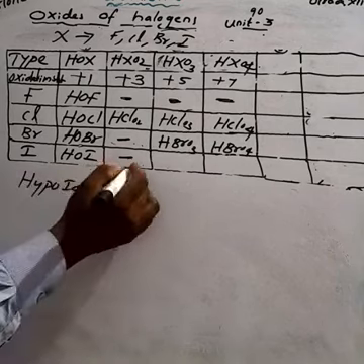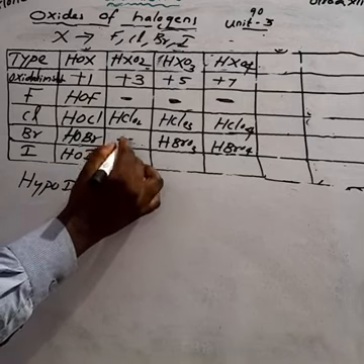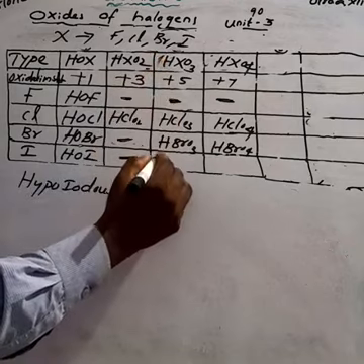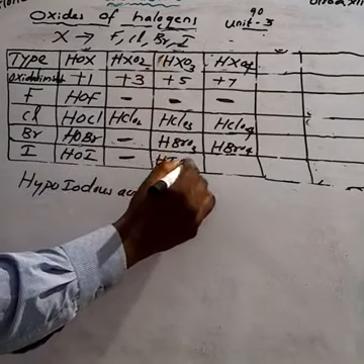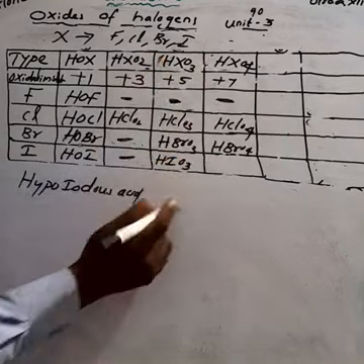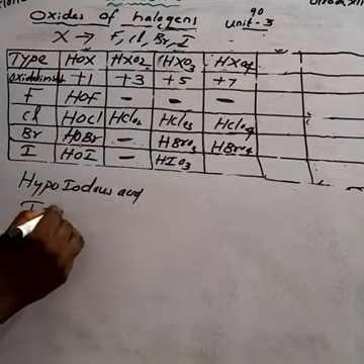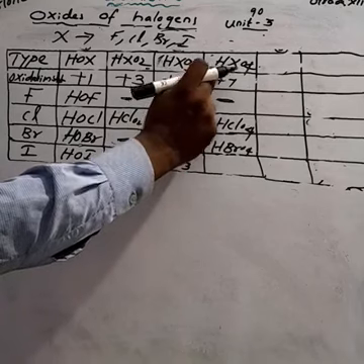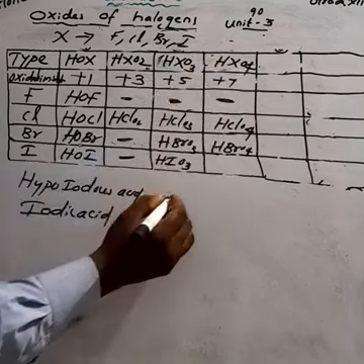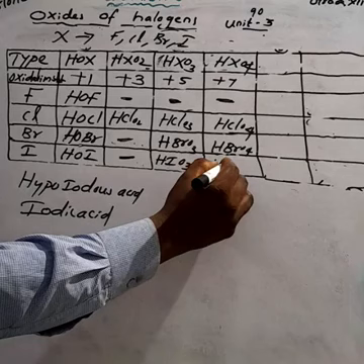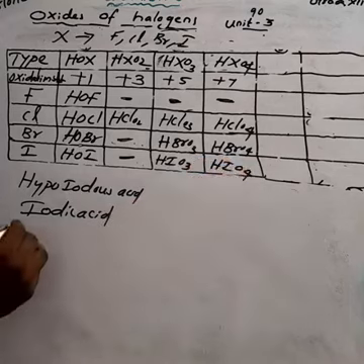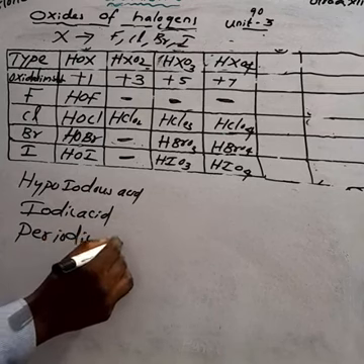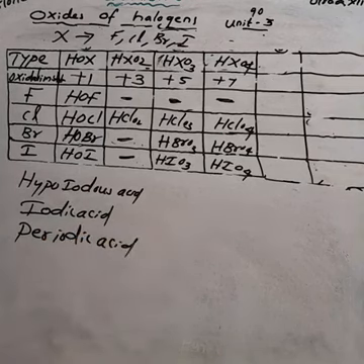Iodine can form HXO3, the example is HIO3, iodic acid. The last one is HXO4, the formula is HIO4, periodic acid.